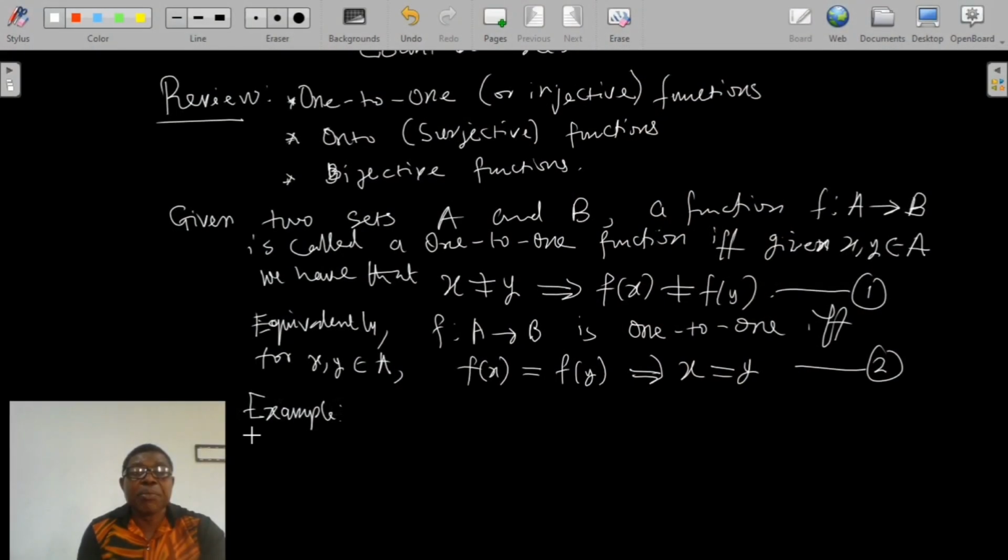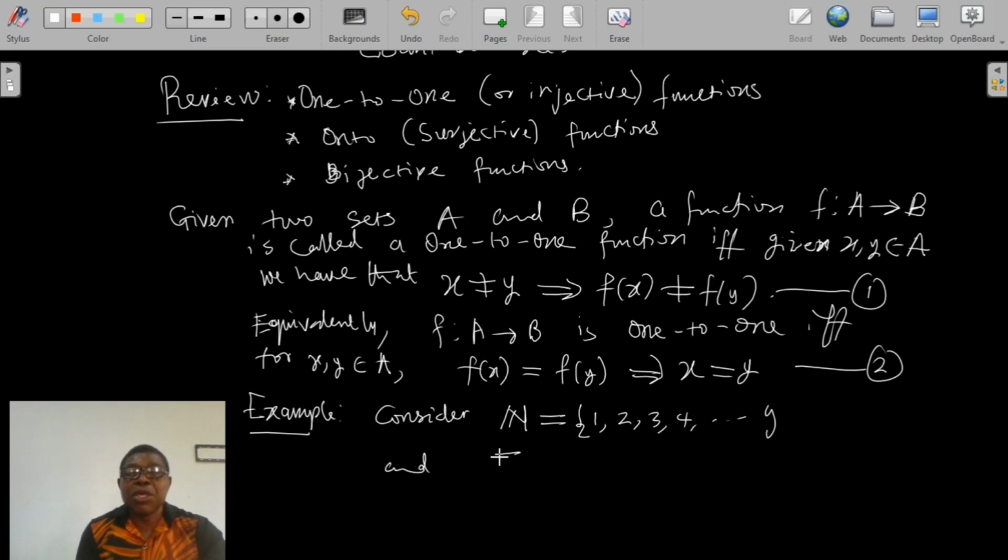Now let us quickly look at this example. Consider N, the set of natural numbers, the counting numbers 1, 2, 3, 4, and so on. N is the set of natural numbers, and E is the set of even numbers 2, 4, 6, 8, and so on.